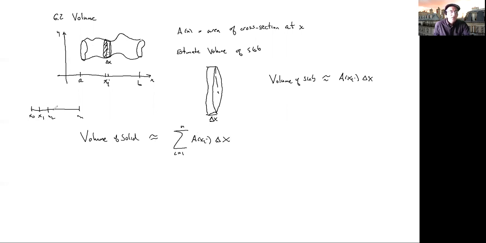So now what we do is we increase the number of points in this subdivision, which means we take n going to infinity, and that becomes a limit. And so the volume of the solid, the limit of this Riemann sum, becomes an integral. It's the integral from a to b of A of x dx. So that's the basic volume formula in section 6.2 that we're going to use.